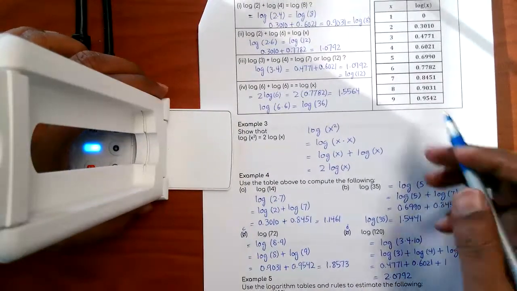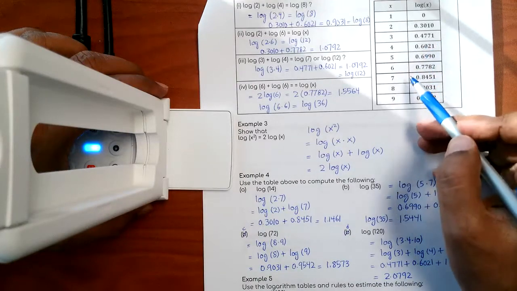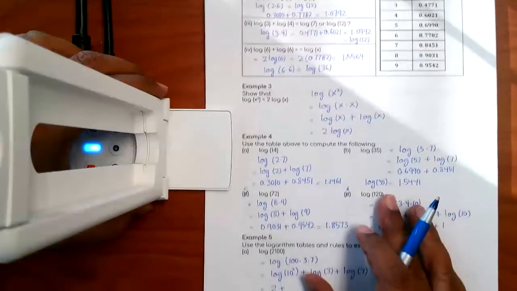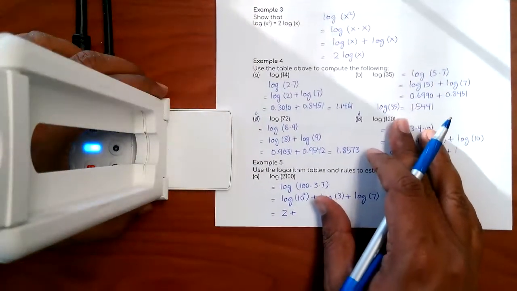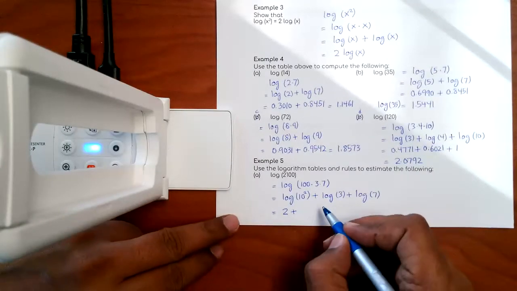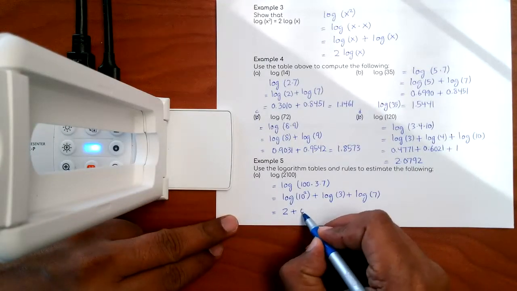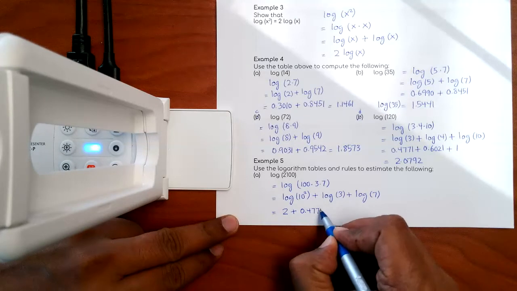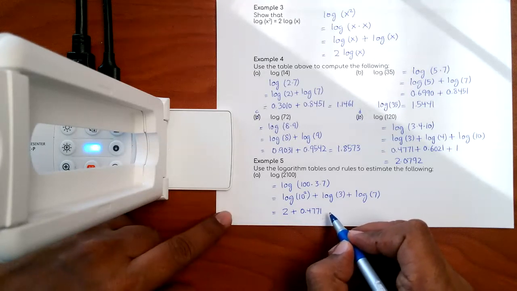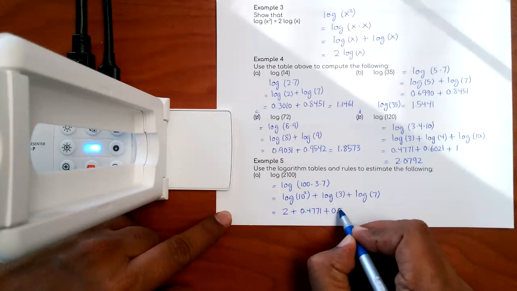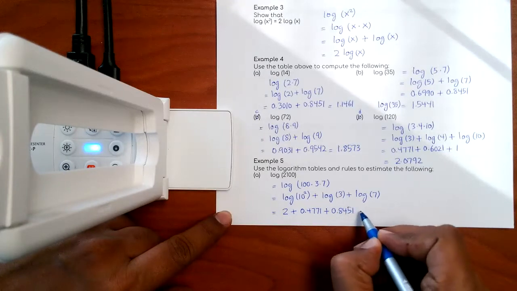You can see we have 0.4771 and 0.8451. So we will write here 0.4771 plus 0.8451.